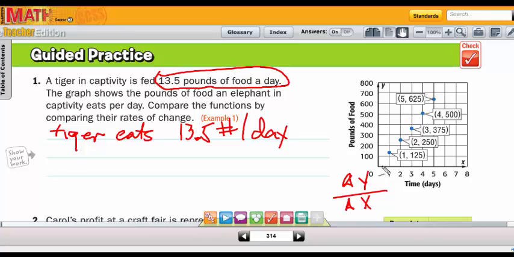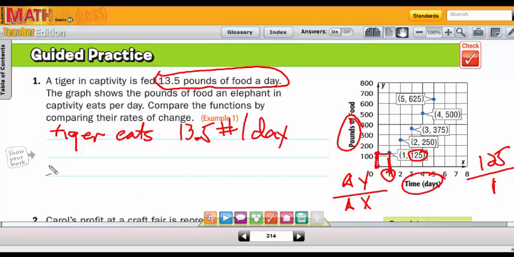The change in y, our values go from 0 up to this point here, which we can read right here because it says that it's 125. So our change in y is 125 over our change in x is from this point here over to here, which is 1. So we have 1, and that is 125 pounds of food per day.